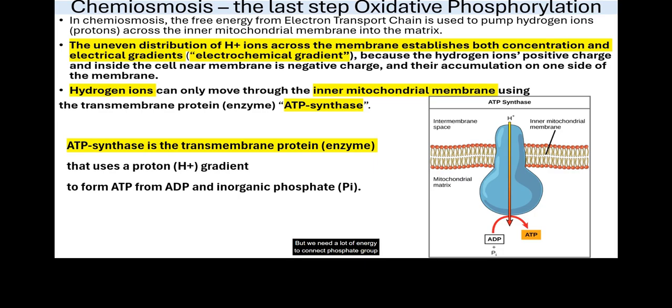But we need a lot of energy to connect a phosphate group to the ADP to produce ATP. So where will this energy come from? The energy for chemoosmosis comes from the concentration gradient of the protons.